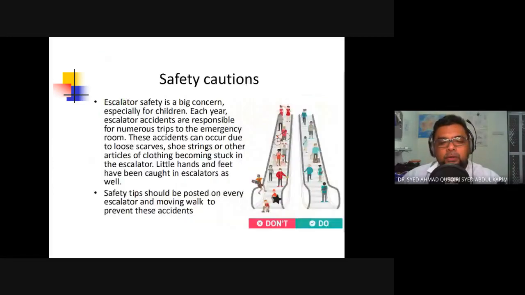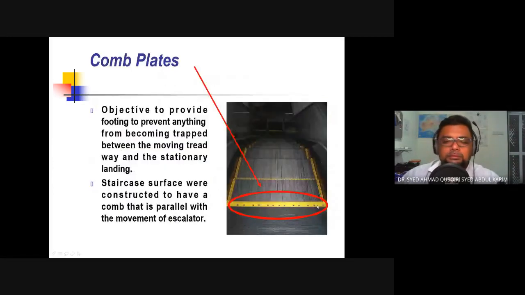And then we have comb plates. Comb plates are installed between the landing and the moving steps to provide footing, to prevent anything from becoming trapped between the moving treadway and the stationary landing.